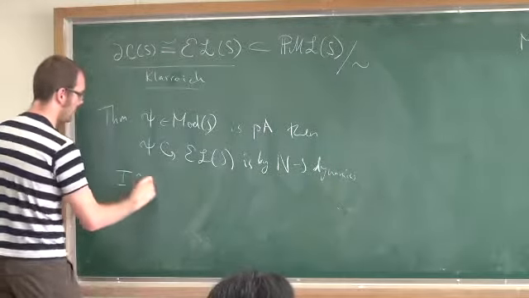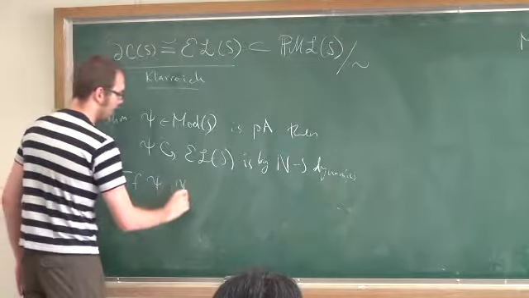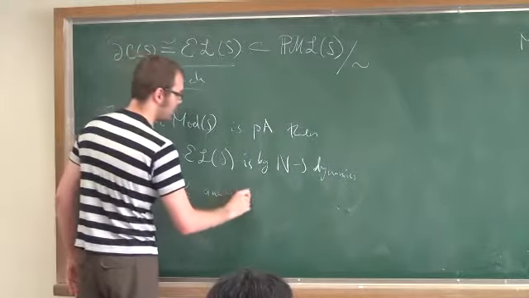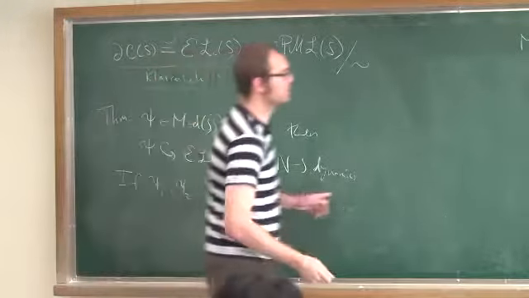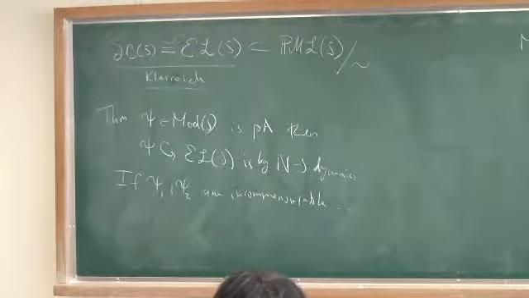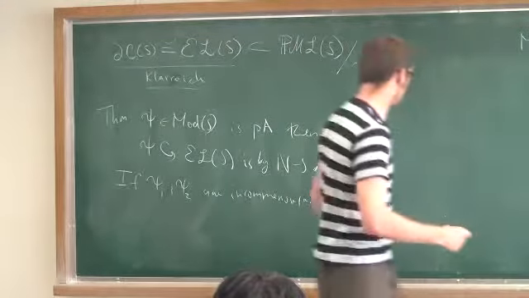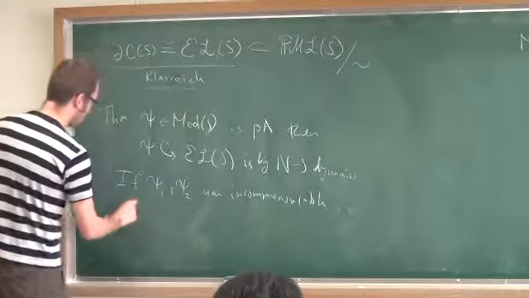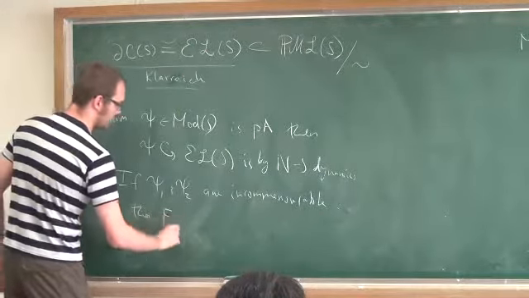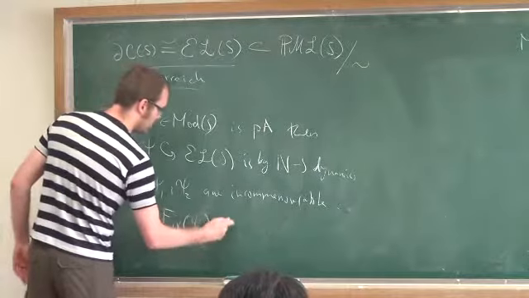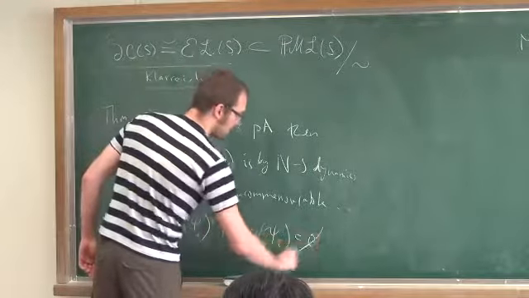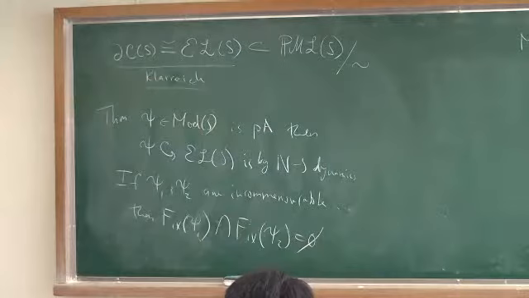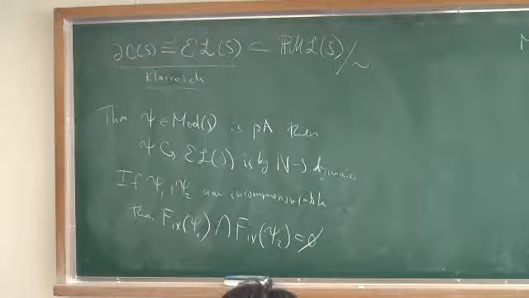And if psi1 and psi2 are incommensurable, by which I mean that the subgroup they generate is not virtually cyclic, then fix psi1. Okay, and so the same sort of ping-pong argument works.